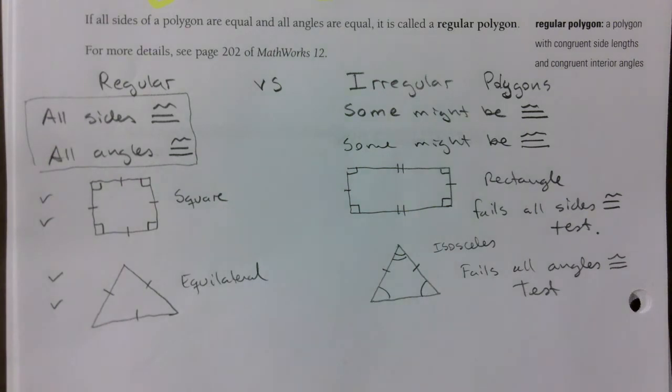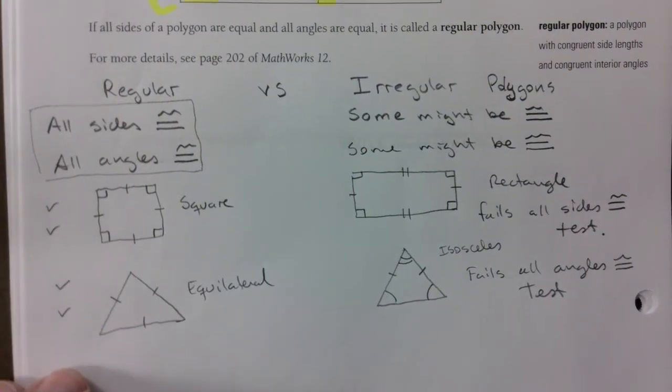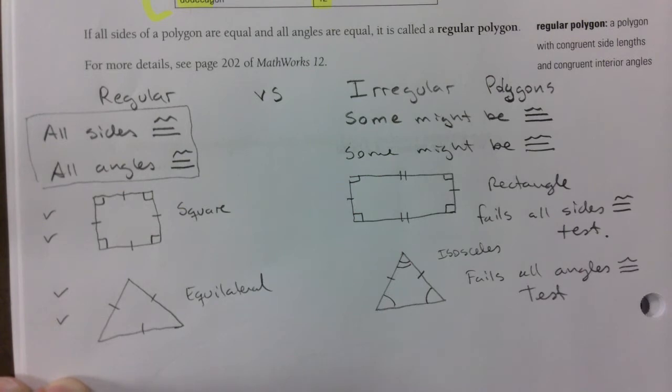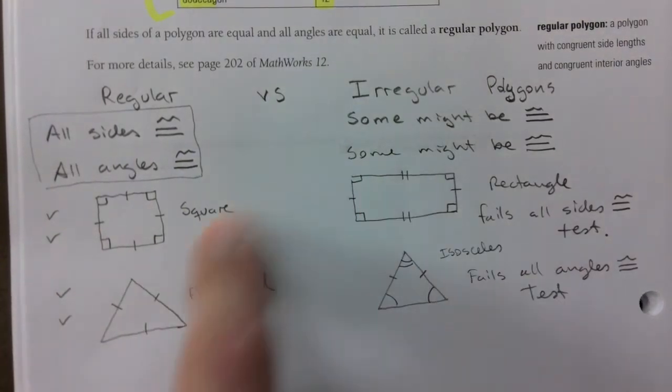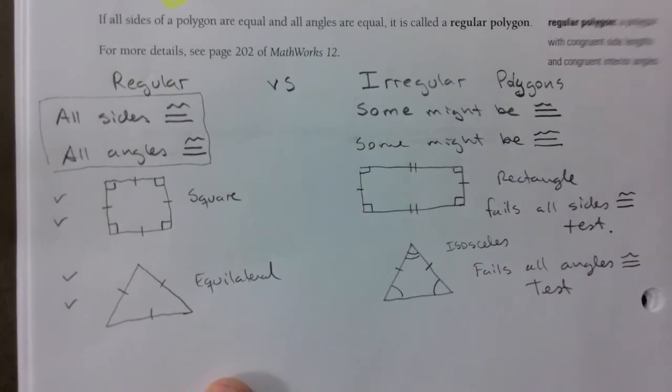Both of those shapes qualify because they pass both of those tests. All right, that's it. So you need to know the difference between regular and irregular, because the test will have some multiple choice this time. And it's these kind of questions that I will ask you just to check if you're understanding these concepts we're covering.